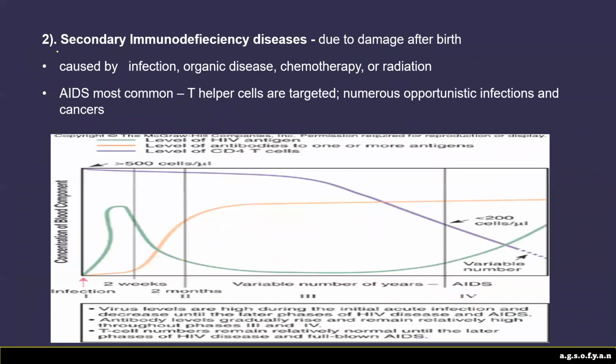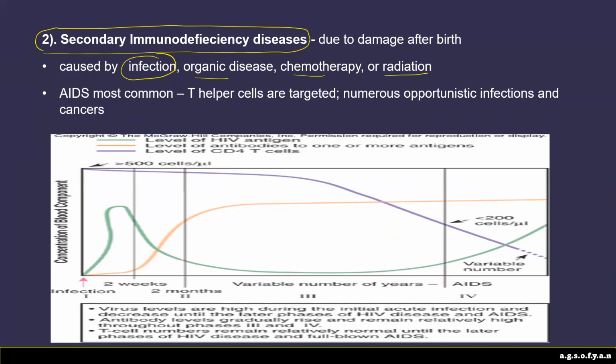Okay, the second one is secondary immunodeficiency disease. This immunodeficiency is acquired after they are born. It may be caused by infection, like HIV infection, some other organic disease, maybe chemotherapy, or maybe radiation that removes some part of their immune system.